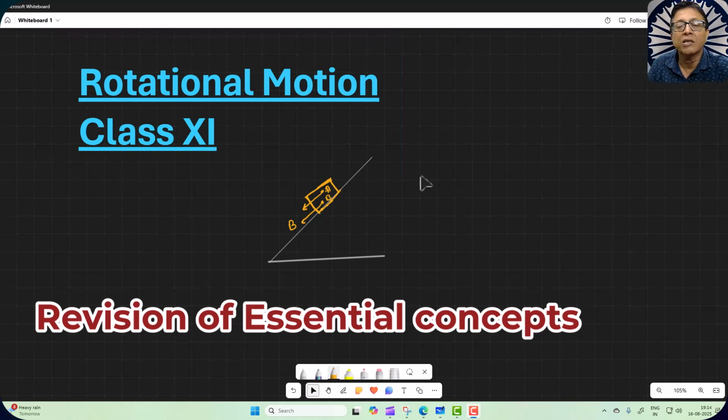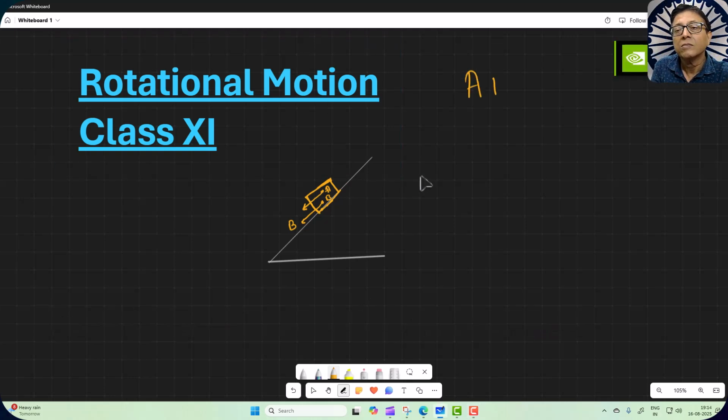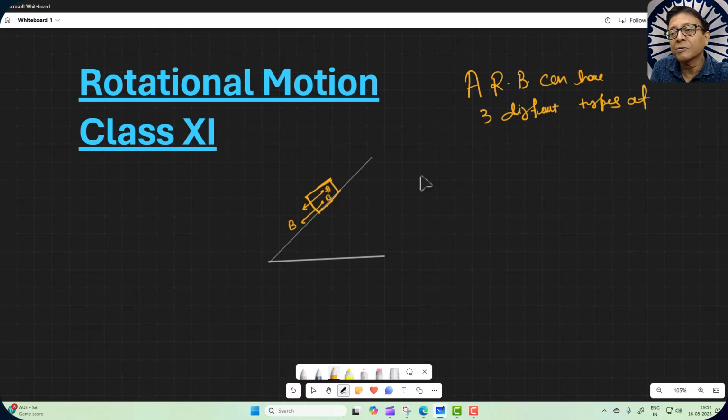Full rigid body. A rigid body can have three different types of motion. Number one, PTM.